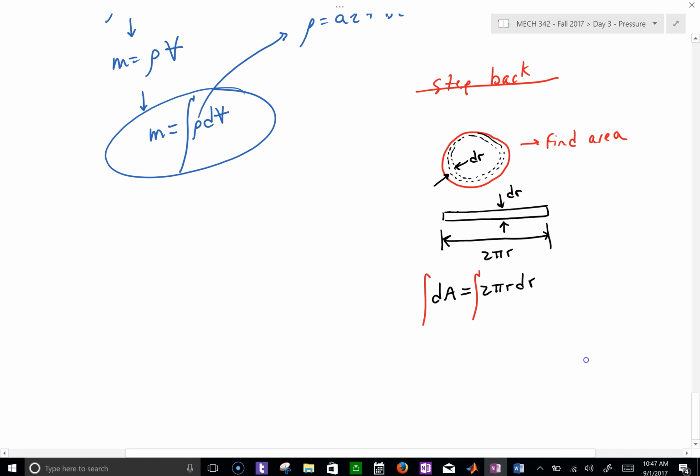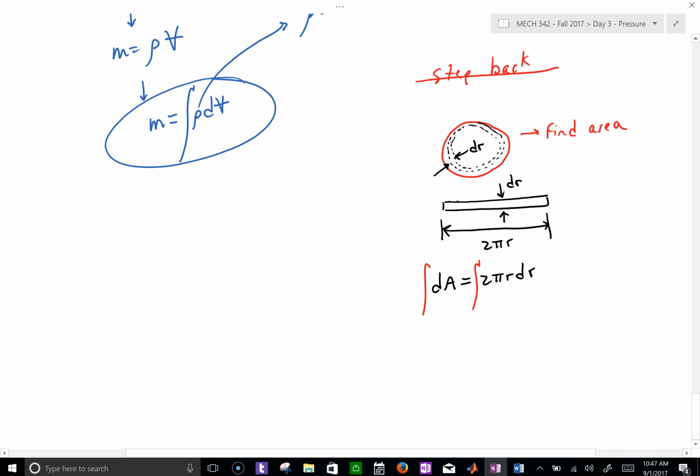So can someone take the integral of 2 pi r dr? 2 pi r squared over 2, and look, pi r squared. Holy smokes. We just derived how to find the area of a circle using calculus.